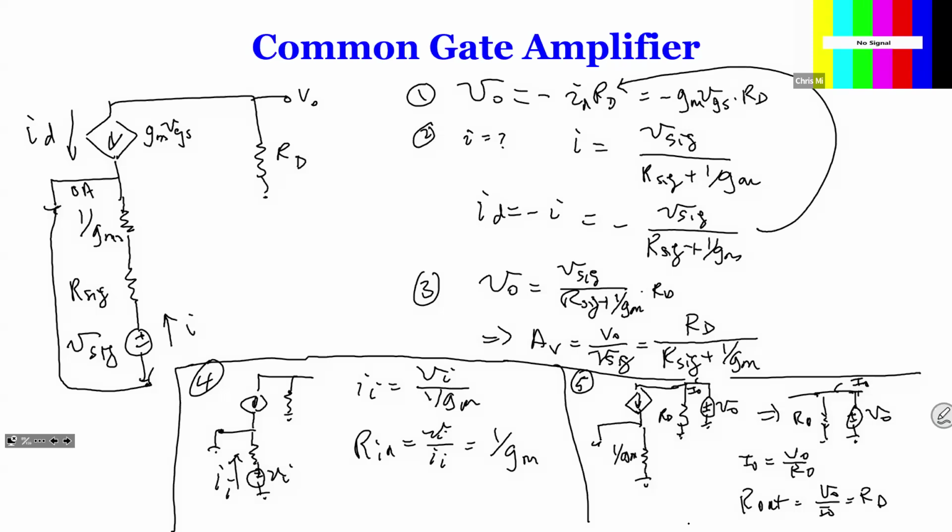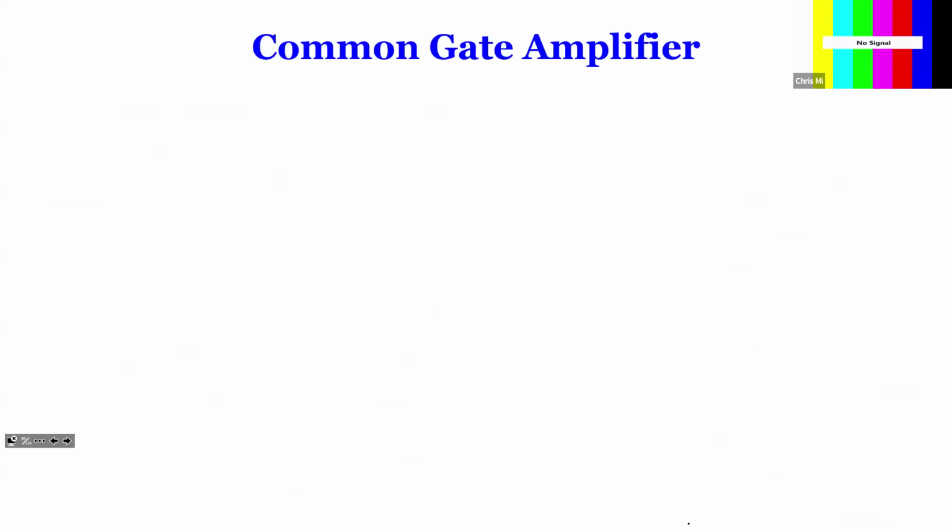That's what we get. So for any given circuit, when you do these, you find three things: the voltage gain, the input resistance, and the output resistance. Whether it's common source, common drain, common gate, common base, common emitter, or common collector, for all kinds of circuits we do the three things. Once you find them, remember that in the beginning of this section we talked about generic amplifiers.